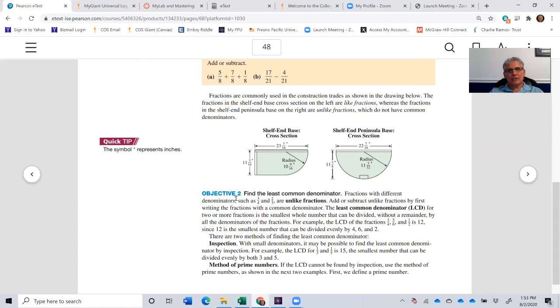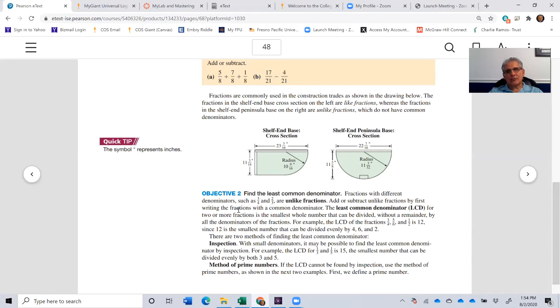The next objective reviews how to find the least common denominator. The reality is in many cases when we're dealing with fractions, we're going to have fractions that have a different denominator. And that makes it impossible for us to add or subtract those fractions.